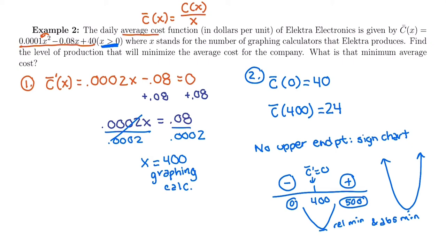So what we get from that is just some confirmation. We're looking for the absolute minimum in this case because we're talking about average cost. So we want to make costs go down.